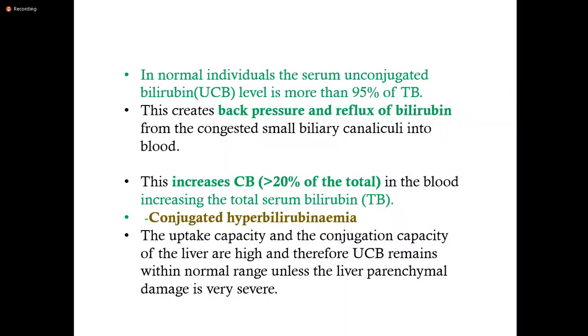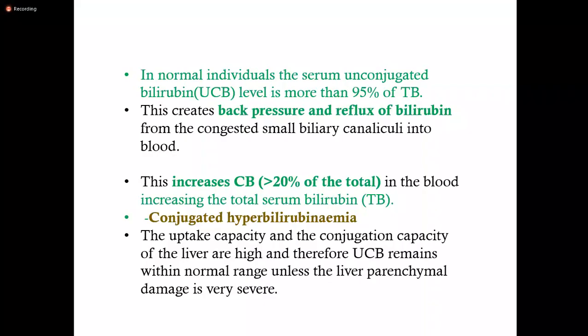Right? So when this regurgitation occurs, more conjugated bilirubin enters the blood than the reflux in normal individuals. A little goes in normal individuals too. There is some reflux of conjugated bilirubin in normal individuals also, maybe less than 5%.